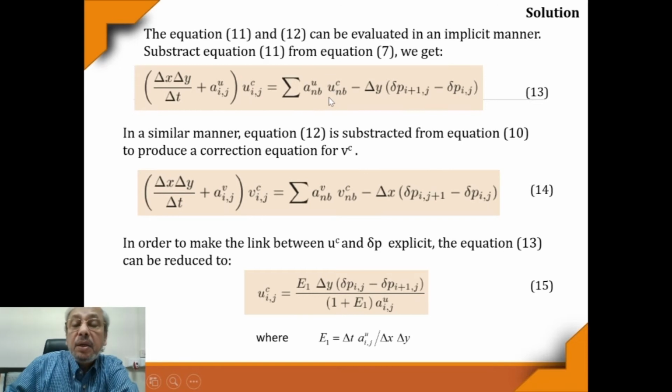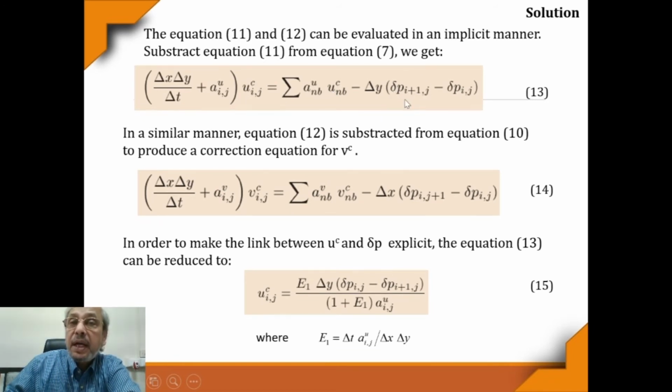Similarly, the neighboring velocities Ui+1j, Ui-1j, Uij+1, Uij-1 are not at the level n+1, but we are defining them with a superscript c. So these are again the velocity corrections of the velocities at those specified points.